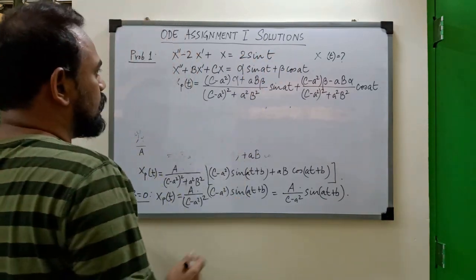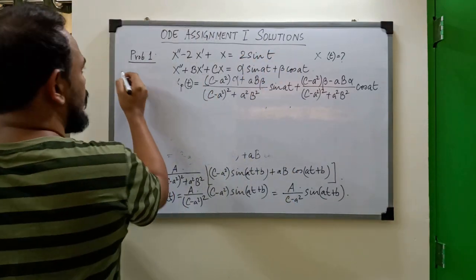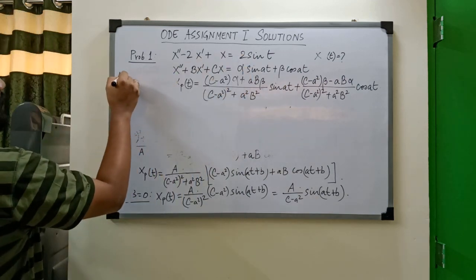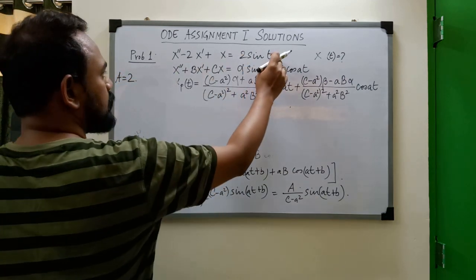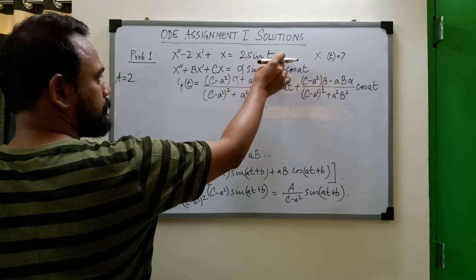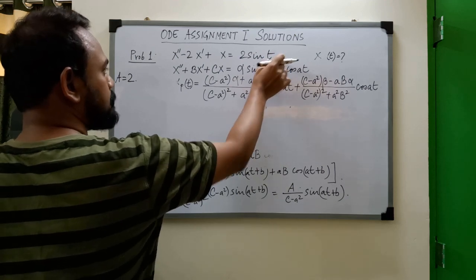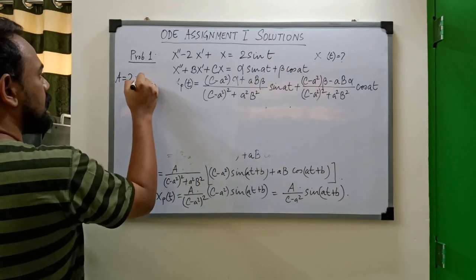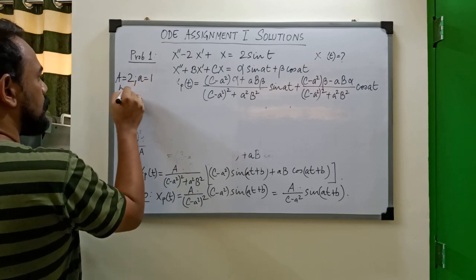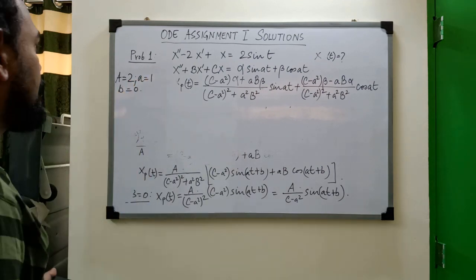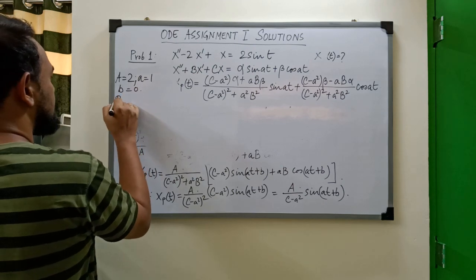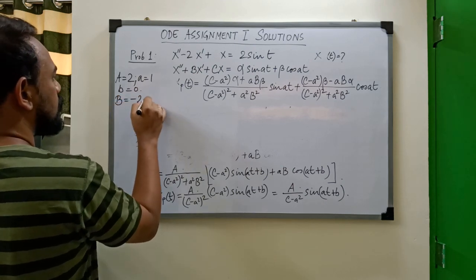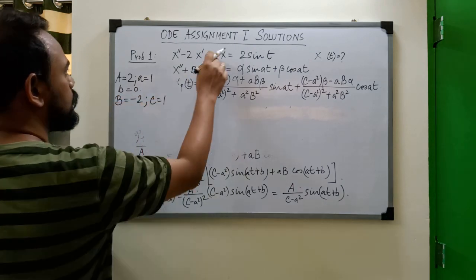In other words, capital A became 2, small a became 1, small b became 0, okay? Capital B turned into minus 2 and C turned into 1.